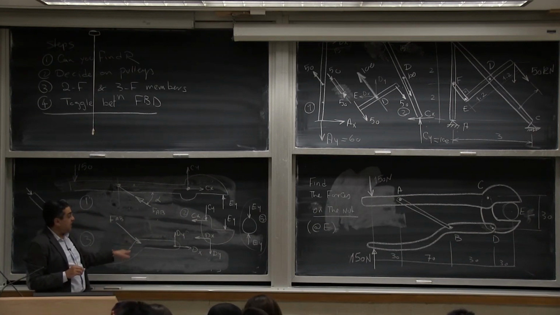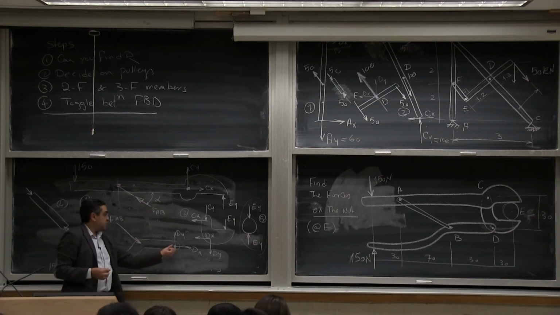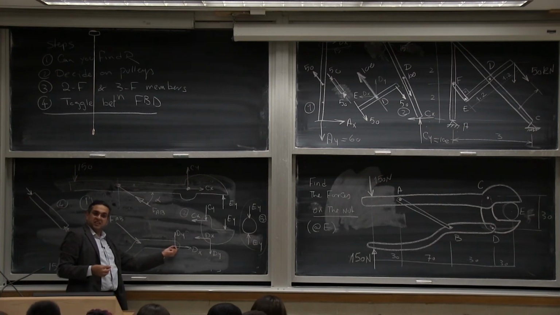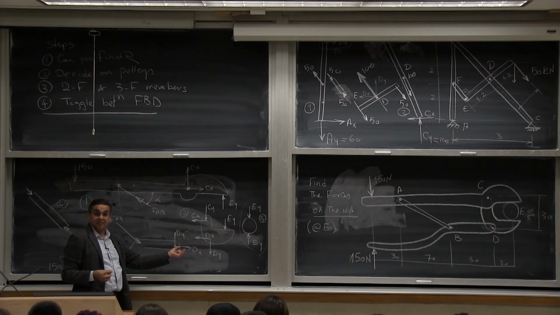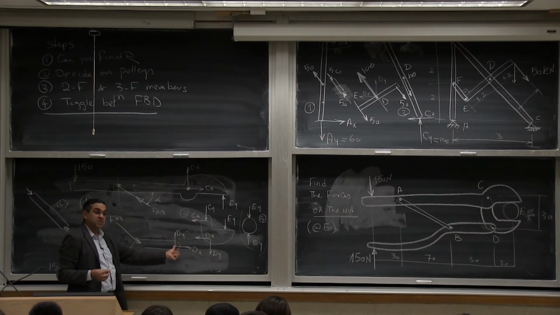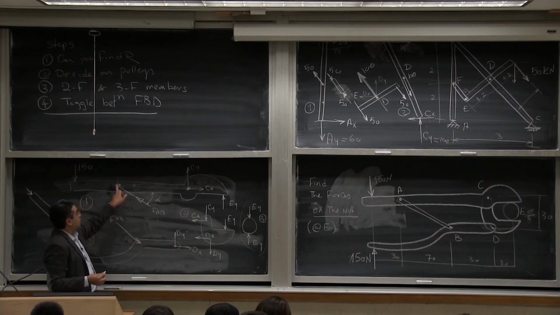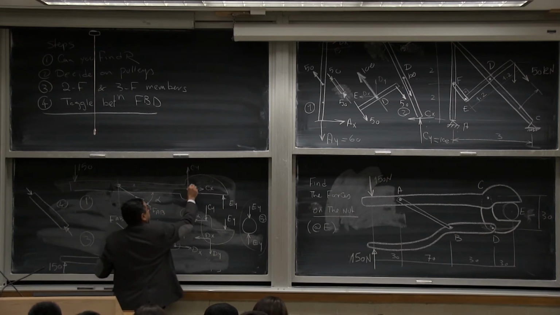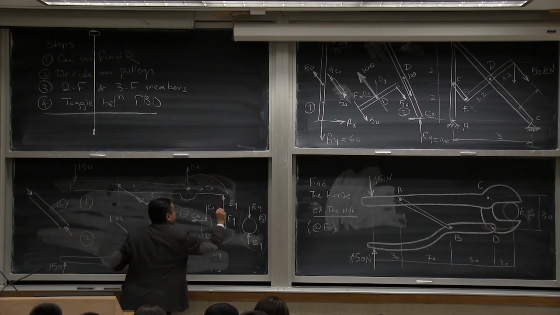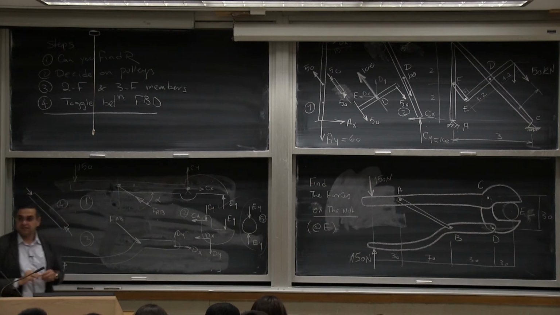And as she mentioned, she's very smart, she said we take the moment here. I'm not interested in Dy and Dx. They are not required, so I don't get marks on them. So I take the moment here, find this, go back here. I have this force. And I take the moment here, find this, and I'm out of here.